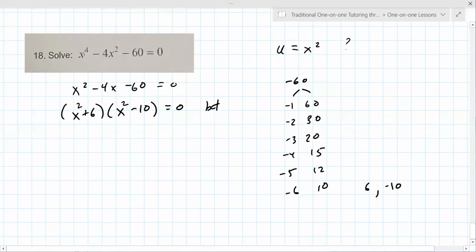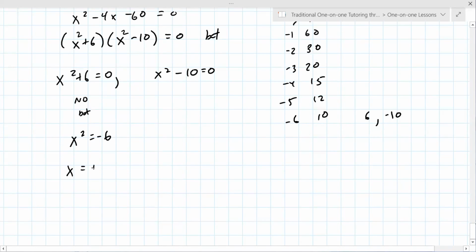Yes. Okay. So the next one, this is where it gets a little bit tougher because you're like, okay, so both of these equal to 0. Is x squared plus 6 ever equal to 0? And the answer is no. But you are doing this complex stuff now. So we can say x squared equals -6. So then x equals plus or minus the square root of -6.